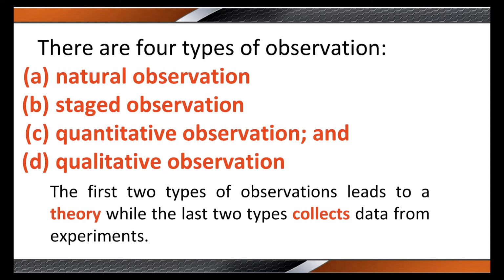Okay, now our last 2 types collect data from actual experiments. A quantitative observation, you've got some quantities, some numbers. And then our last type of observation might be a qualitative observation, let's say a feeling of how warm it is in the room. One person might describe it as real warm, somebody else might describe it as hot, somebody might say, no, it's kind of chilly.